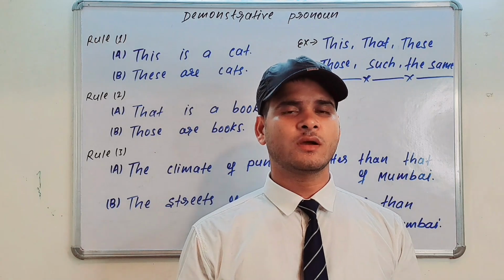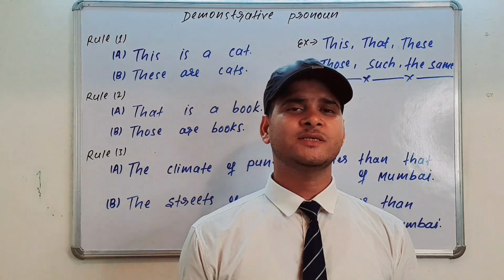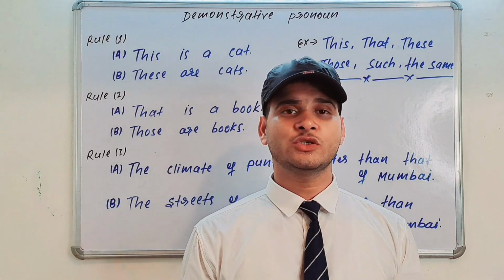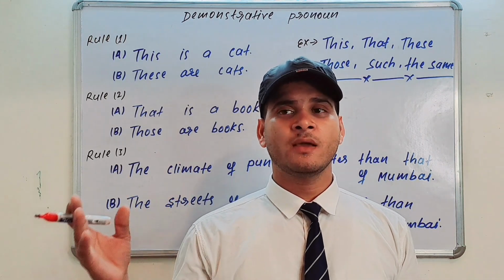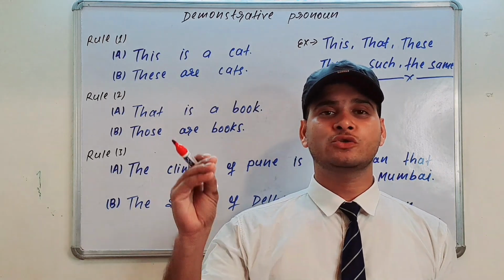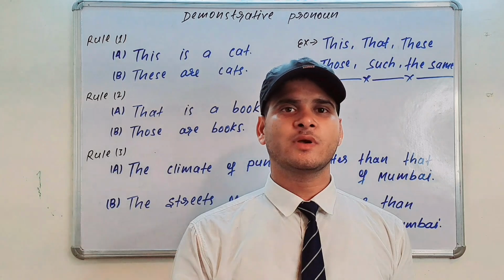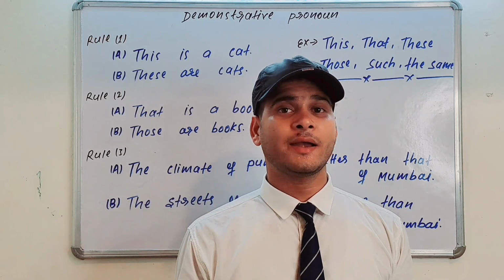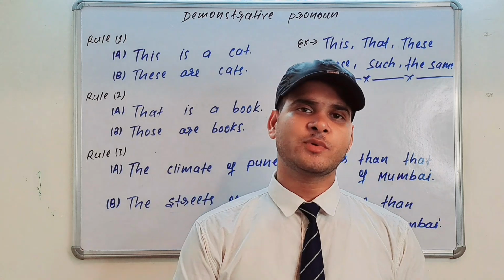So today we are going to learn demonstrative pronoun. Basically, here see the pronoun which is used to point out or demonstrate person, animal, thing, or an idea in a sentence. That is known as demonstrative pronoun.